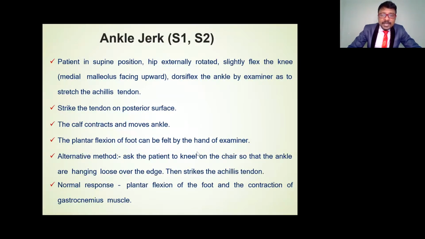If anybody has sciatica or any S1, S2 nerve injury, they may get less contraction. There is no proper plantar flexion and no contraction of the gastrocnemius and soleus. The normal response is plantar flexion of the foot and contraction of the gastrocnemius muscle.